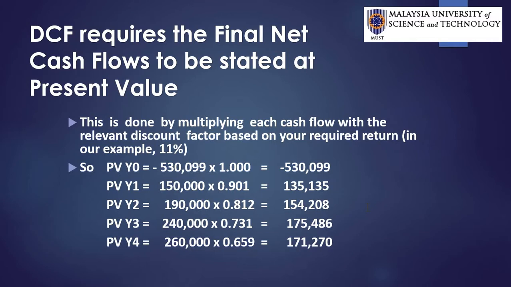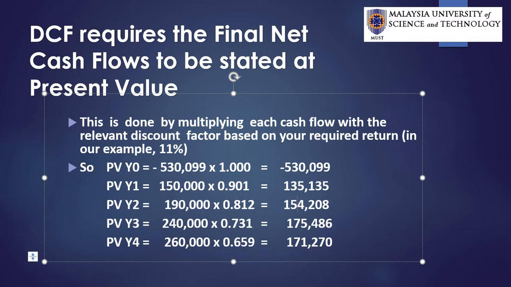For year 2, if I need to adjust the cash surplus of 190,000 at 11%, the factor that I will get is 0.812. And the present value, the value today, is 154,208. This means getting 190,000 at the end of the second year is the same as getting 154,208 today.